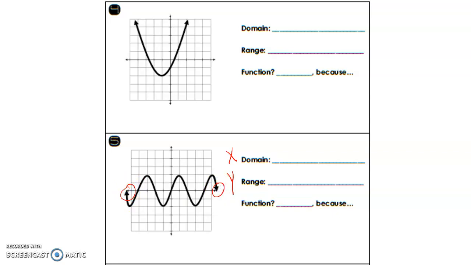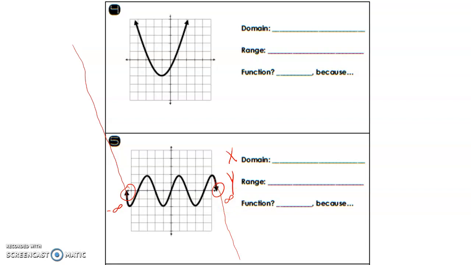If you really pay attention, you can see that these waves, because that's what this is, I believe a sine wave, are going to continue going, and they're going to go at an angle. Same for here, that's not going to make a straight line. So it's going to go up and to the left, which is negative infinity for left, down and to the right, which is positive infinity.